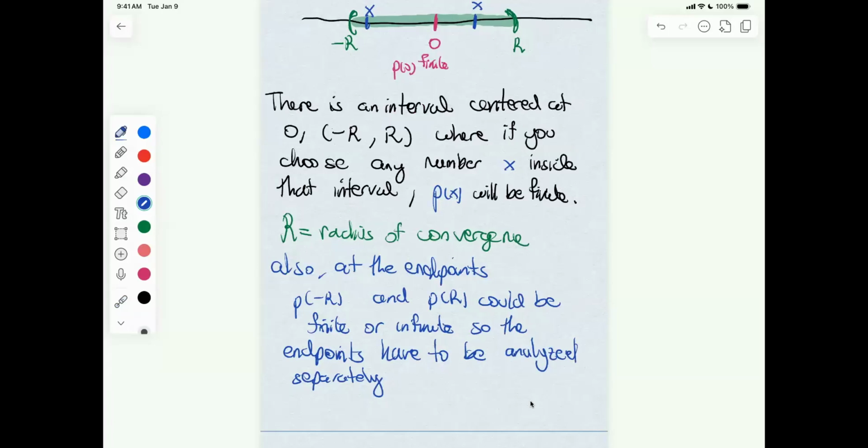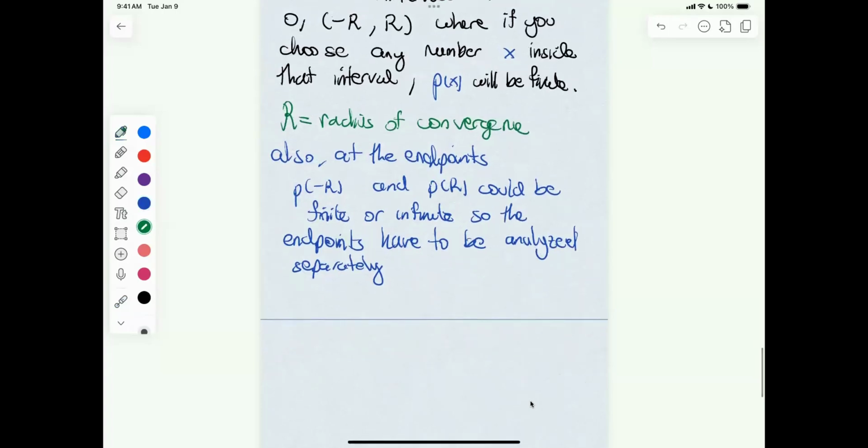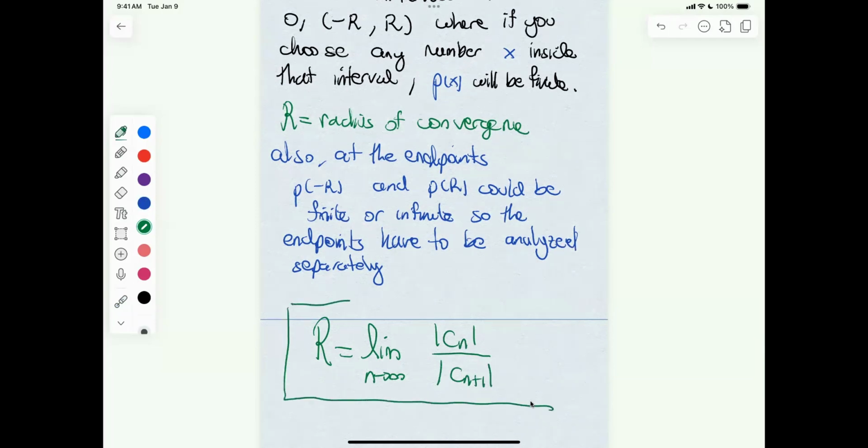So here comes the magic formula for R. How big would this interval be? You can take R to be the limit as n goes to infinity of Cn divided by Cn plus 1. This is important, so I'll put it in a box. I'll explain where it comes from. It comes from the ratio test.